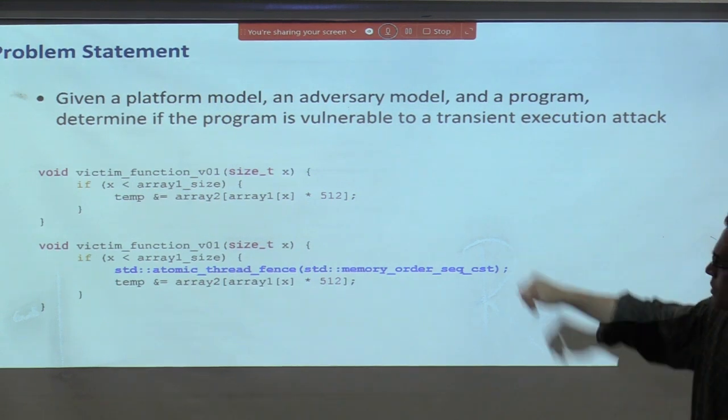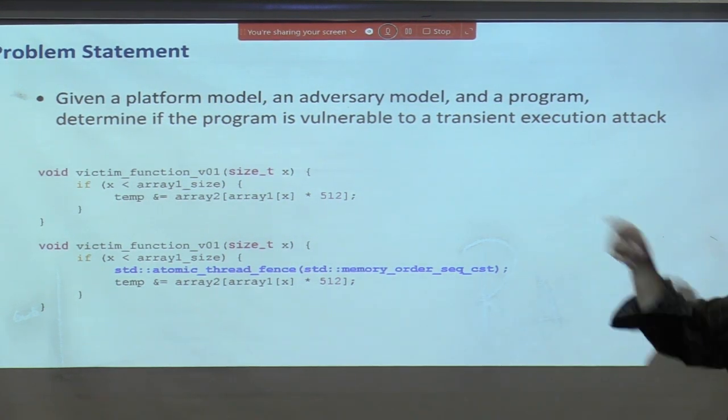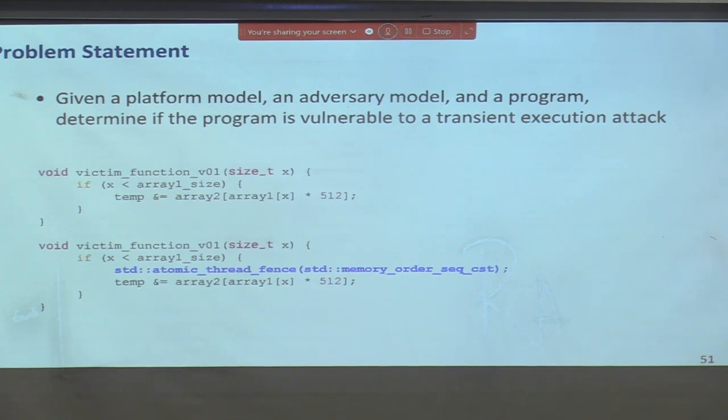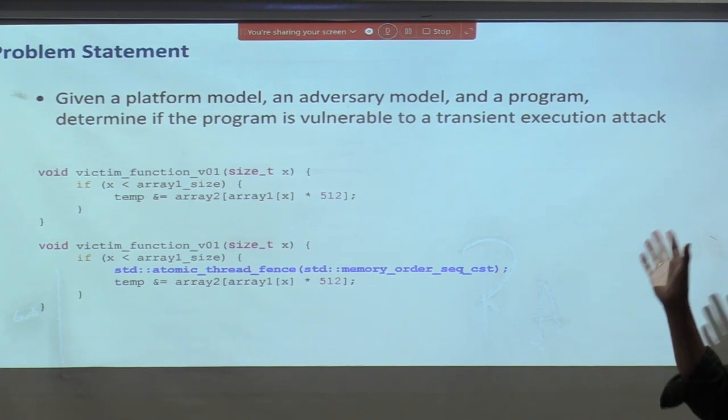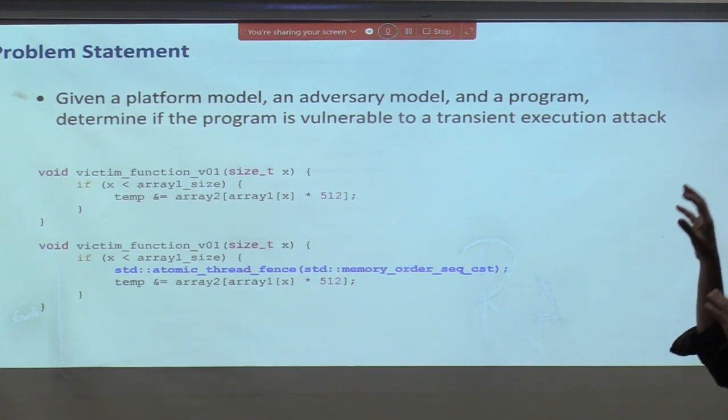You want to determine whether the program is vulnerable to a transient execution attack that is specified by that adversary model on that given platform. In a way you can think of this as a software verification problem. I'm given a piece of code. I think it goes to Manoj's question at the beginning, right? Now I'm not trying to do verification agnostic of what program runs. I'm actually given a particular program, and I want to check whether that program is vulnerable to this kind of an attack on a given platform.